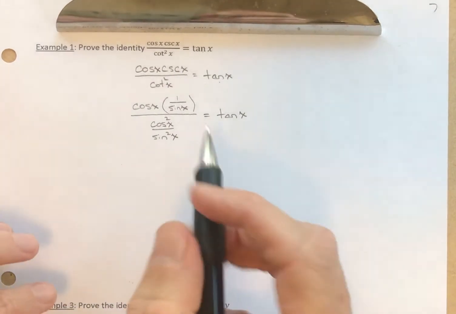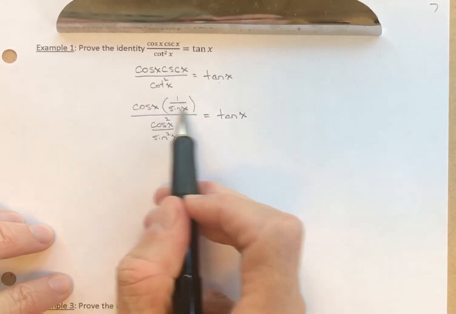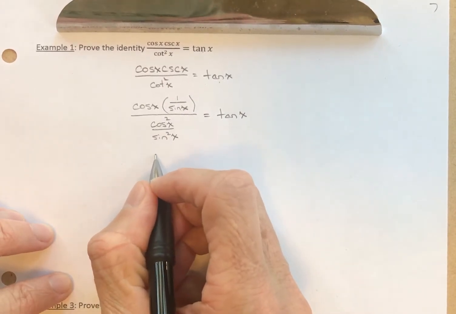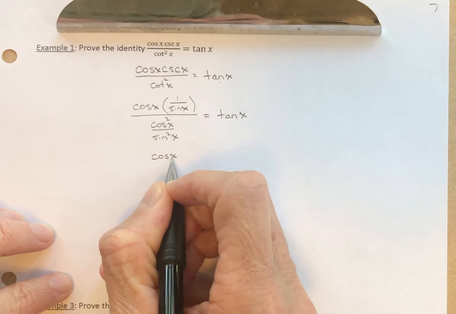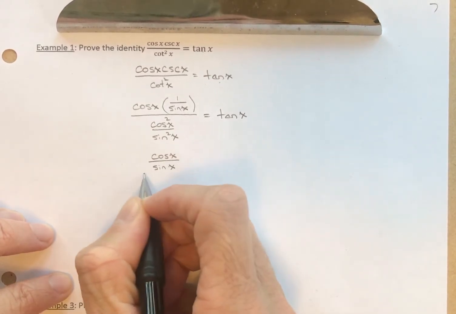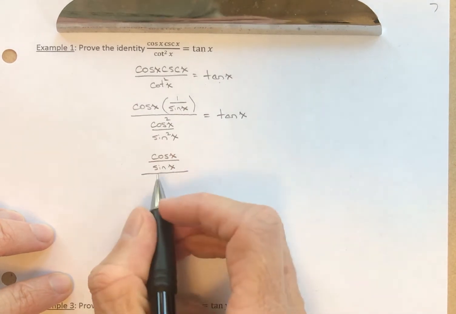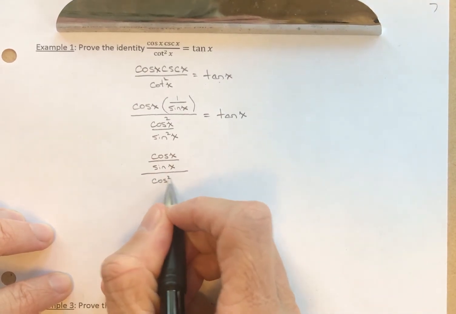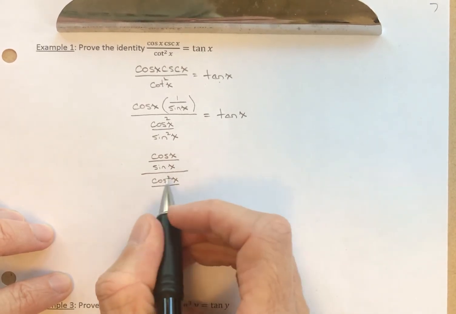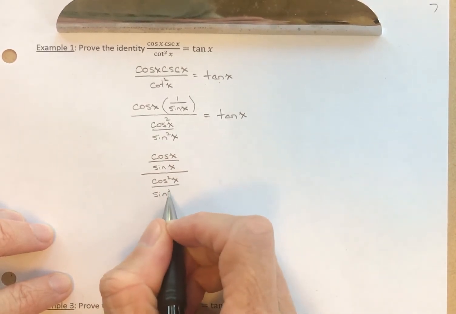Obviously I have some math I can do in the numerator: the cosine of x divided by the sine of x, and that's the numerator divided by the cosine of x squared over the sine of x squared.